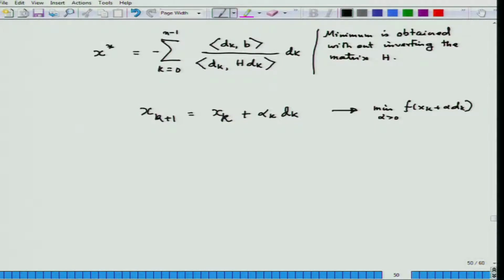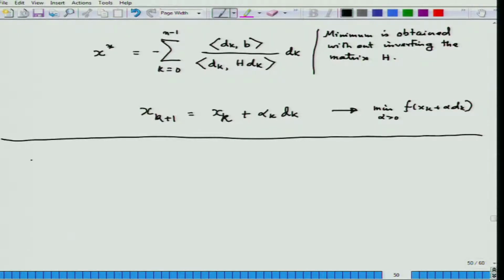So, here is our next result, but this again concerns the same function f x.